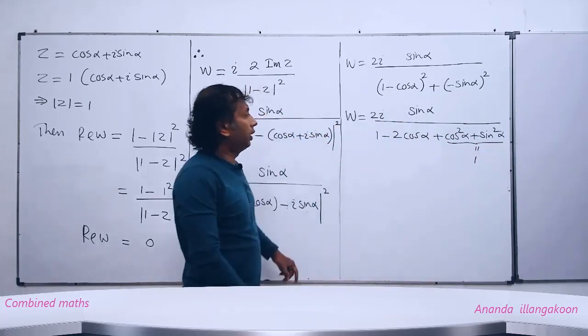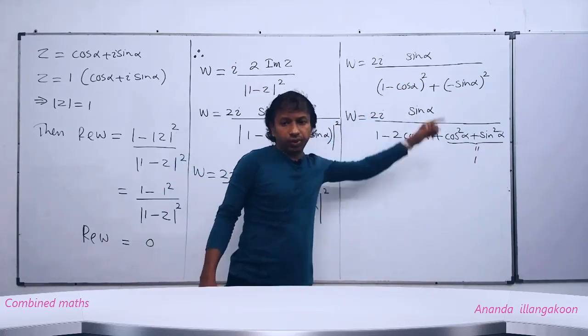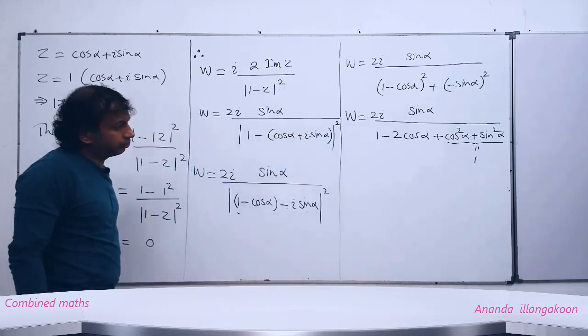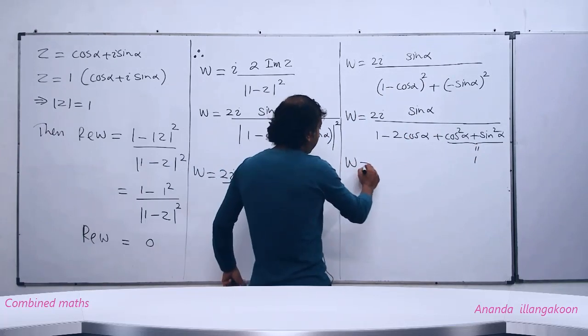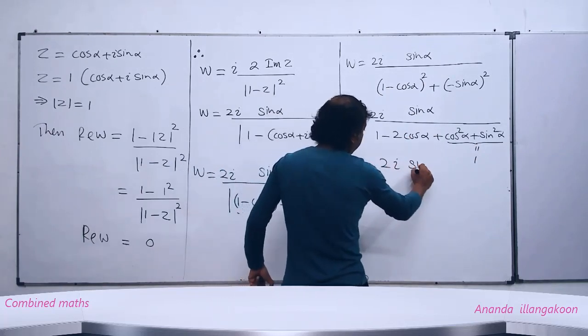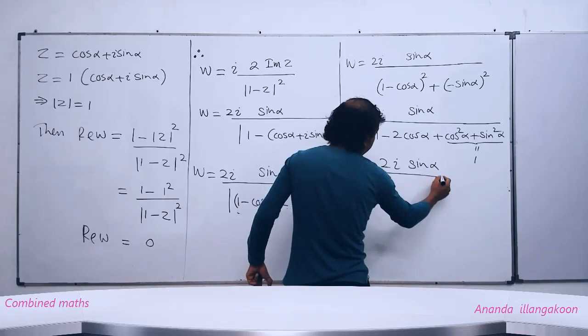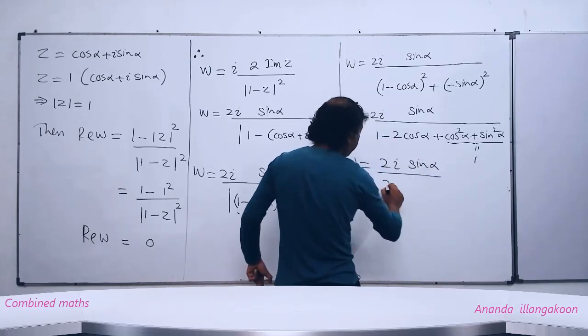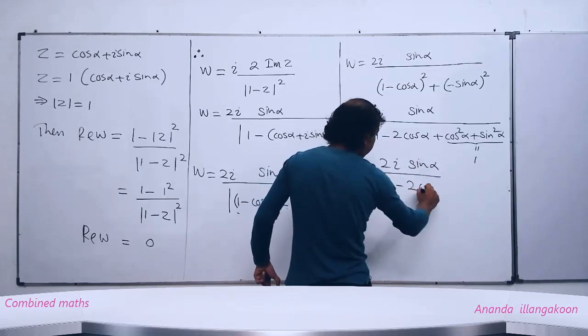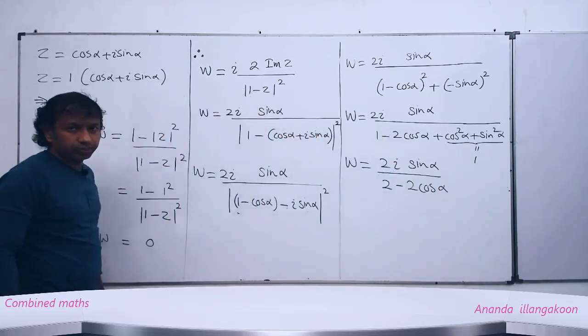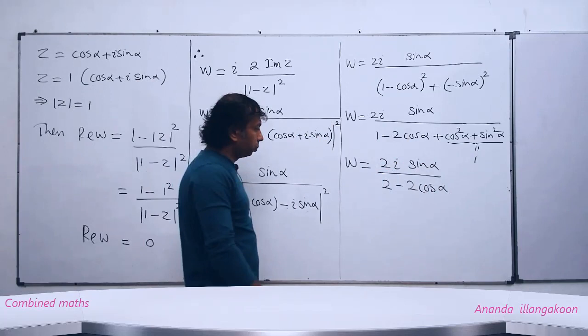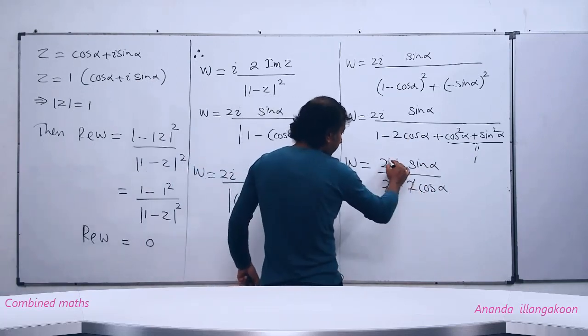Right now, I expanded this using the a minus b perfect square form. Then what do you get? W equals 2i sin alpha divided by 1 and 1 make 2 minus 2 cos alpha. People, you can cancel down this 2 with this 2, here we get 1.